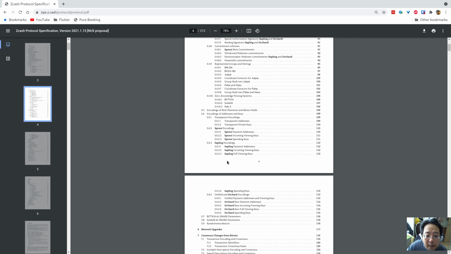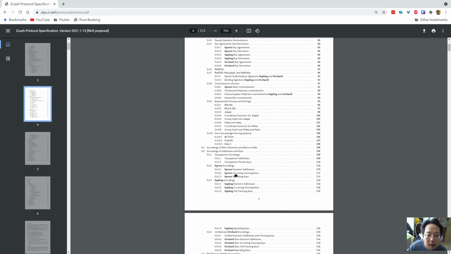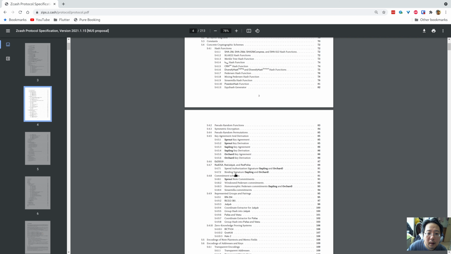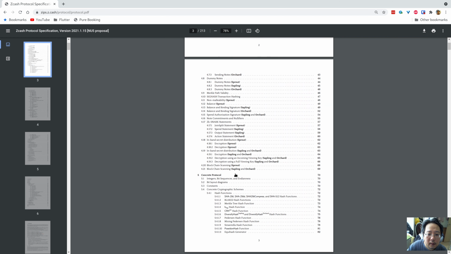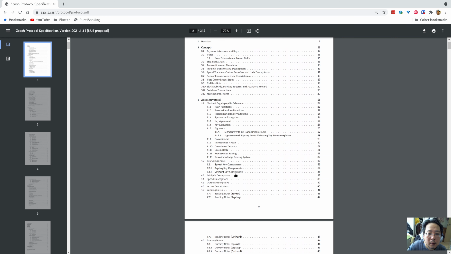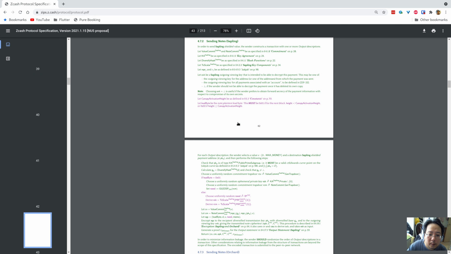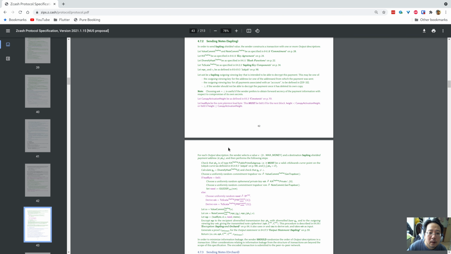Let me see where it is. Sapling. Sending nodes. This must be this one.